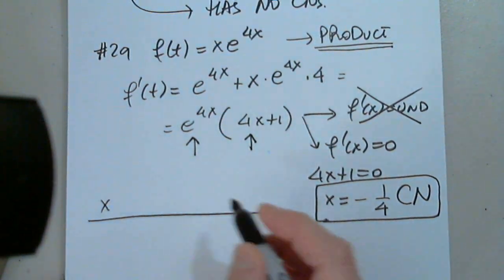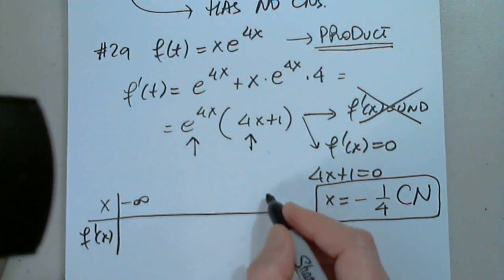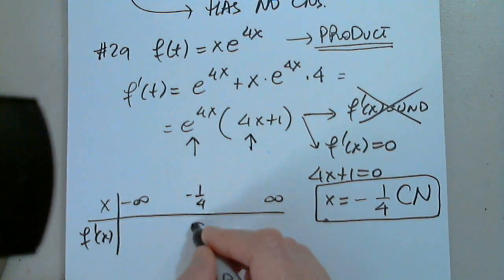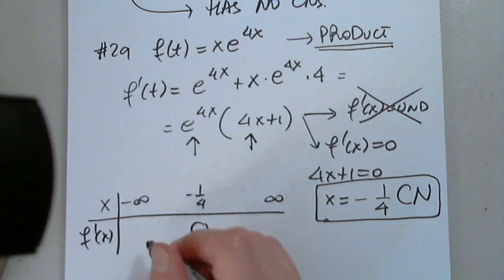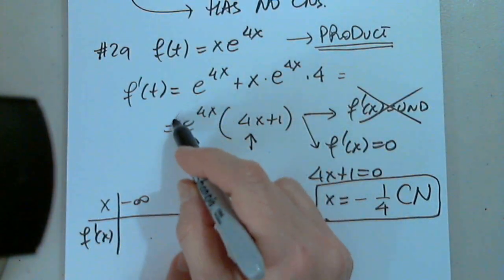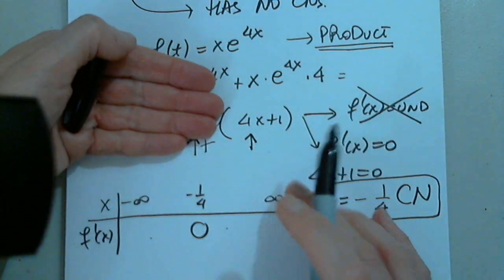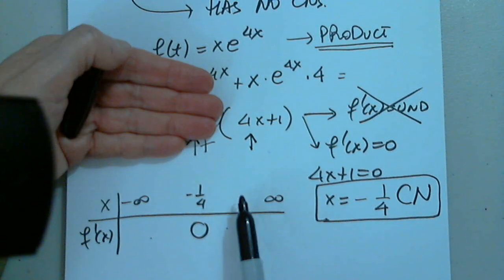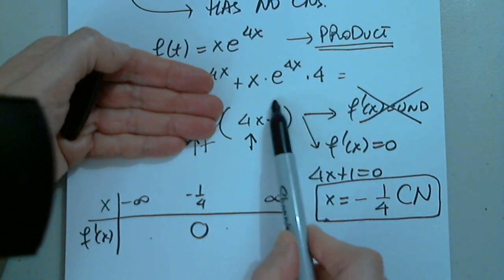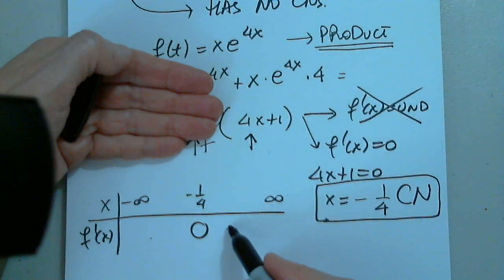So f prime of x, from negative infinity to infinity, with negative 1/4 and 0 marked. All I have to do is study the sign here and here. This is always positive. There is nothing we can do to this. So since 0 is here, can anyone give us the sign of this plugging in 0?